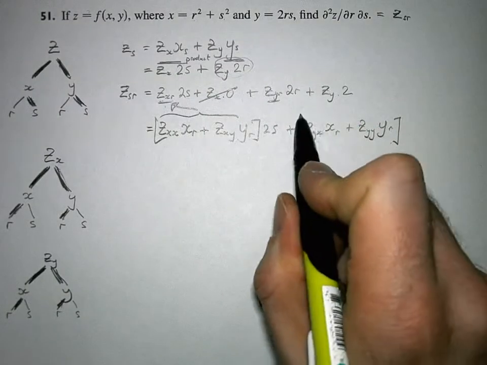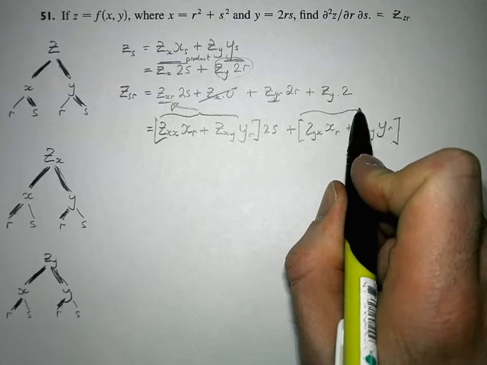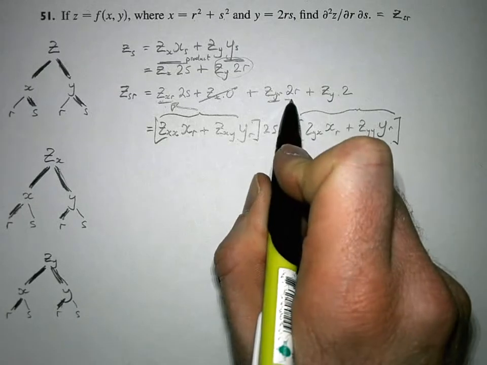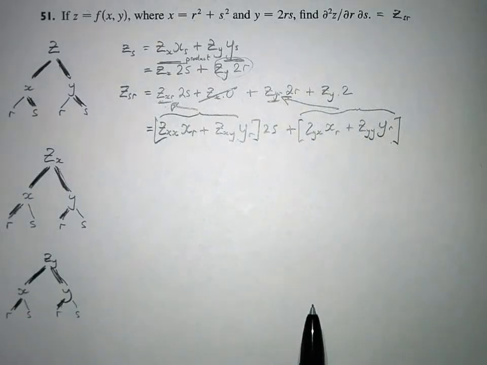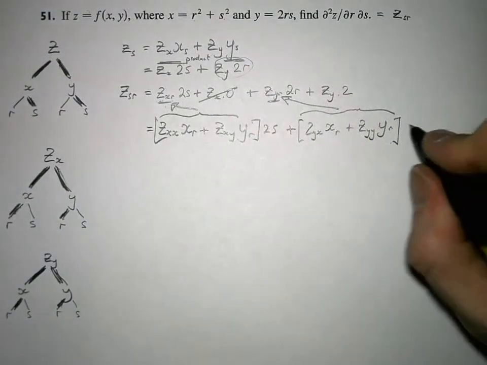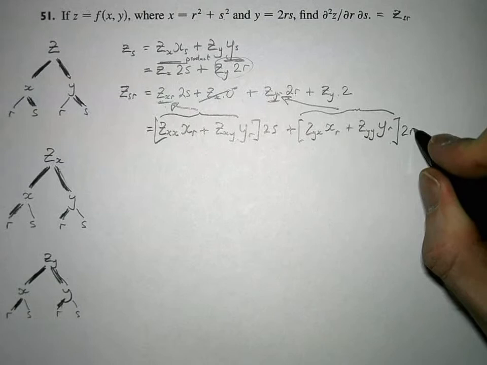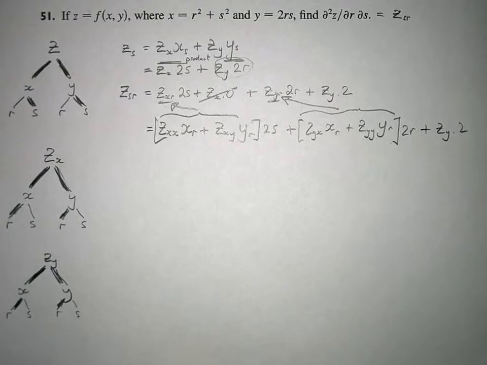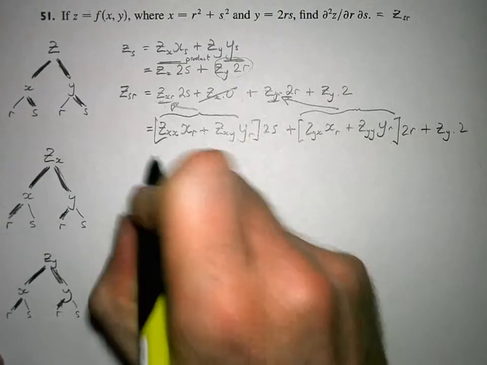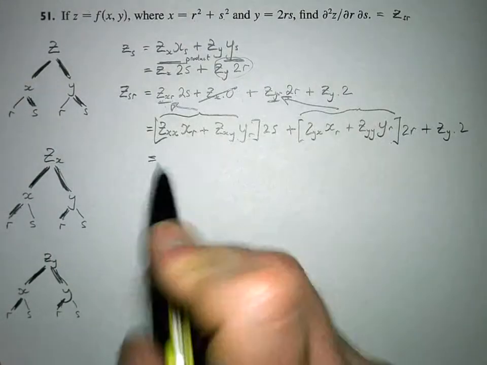And again, this whole thing here is simply this second partial derivative over there. We still need to multiply it by 2r, and we still need to add z differentiated with respect to y times 2. Okay, we're very close now.